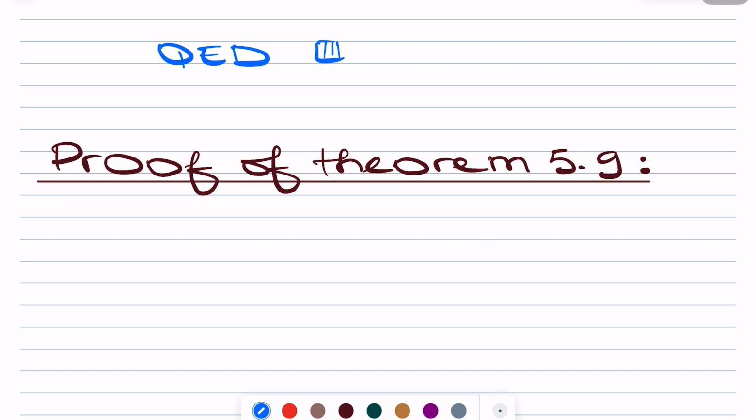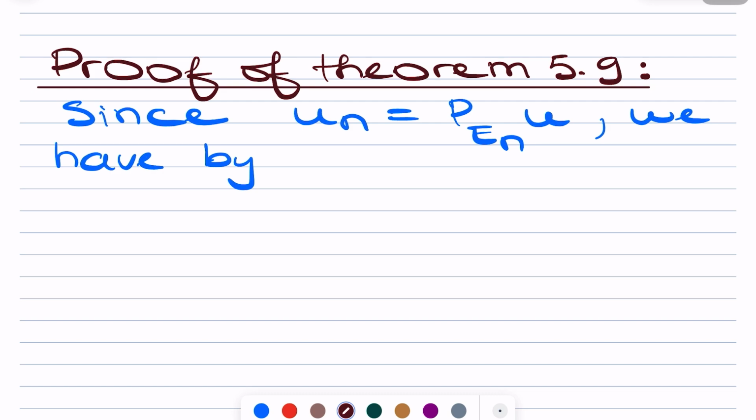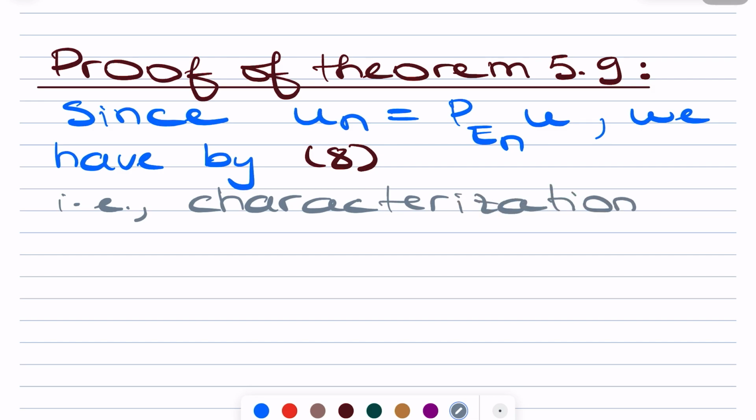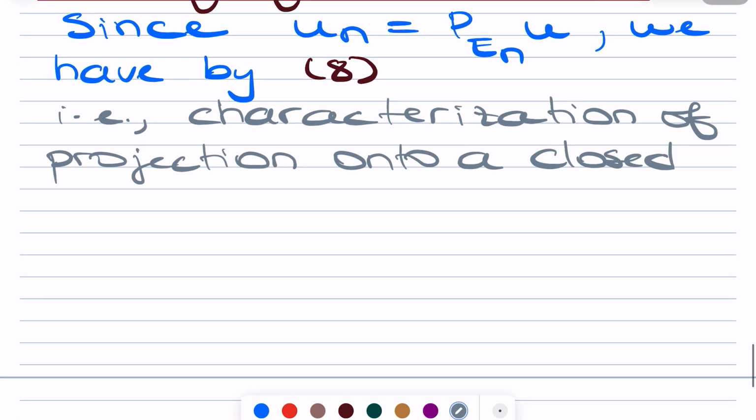Now, since un, remember we defined un to be the projection of u onto En, we have, by the characterization of projection onto a closed subspace, which we called 8 back then.